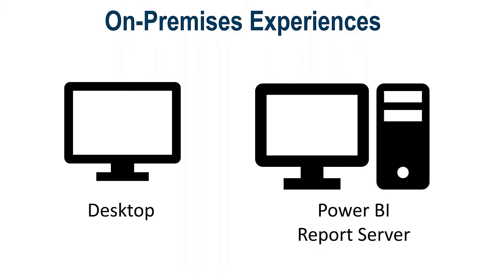Power BI report server is available to you if you have a premium subscription or if you have software assurance with an enterprise agreement with Microsoft. So if you're not quite ready to go to the cloud, you kind of want to test it out, well then you can download and install Power BI report server on one of your on-premises servers. None of your stuff goes to the cloud, it all stays right there. So those are the different on-premises experiences that you can have with Power BI.